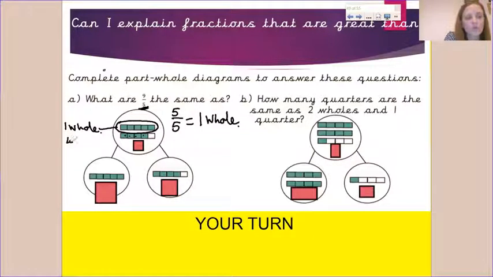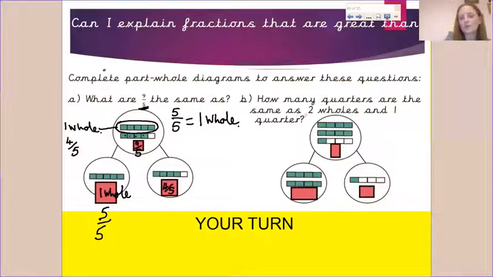So it'll be 1 whole and 4 fifths. So 9 fifths is the same as 1 whole, or 5 over 5 and 4 fifths.